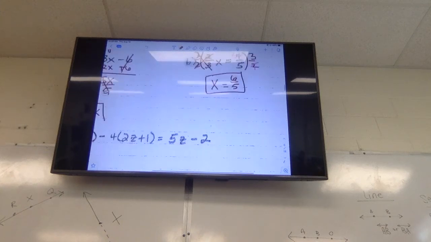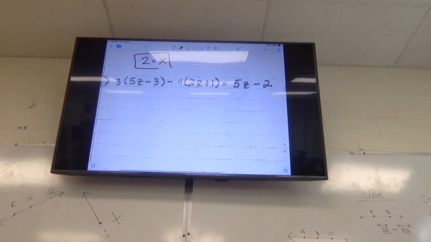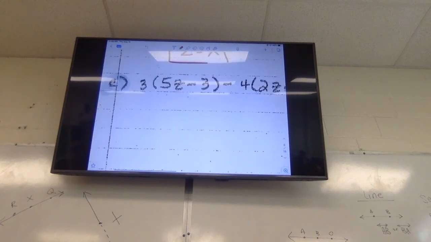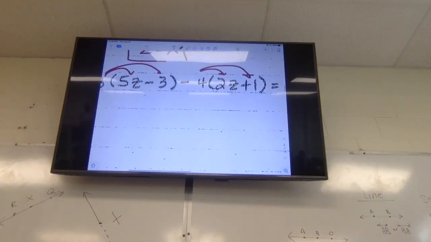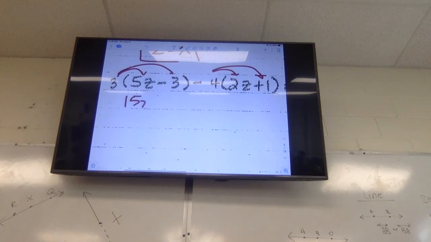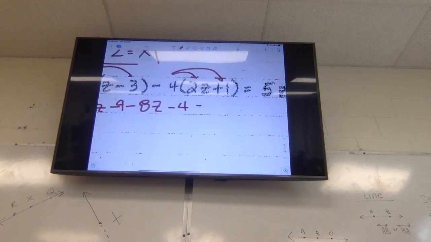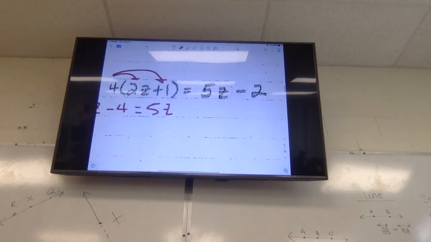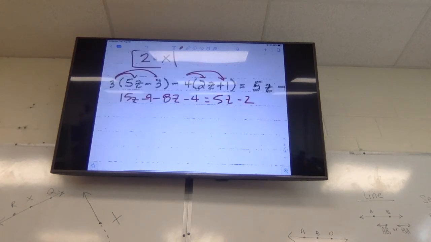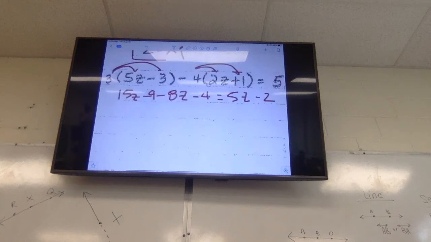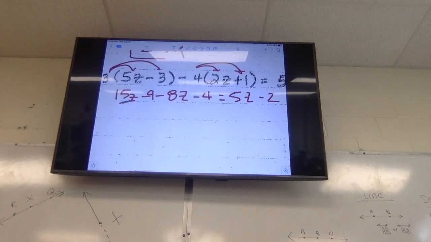All right, letter C. I've got this big giant thing. Make sure we distribute. 15z minus 9. And then minus 8z minus 4 equals 5z minus 2. I like to combine all my terms before I do anything else. So I'm going to do my 15z minus 8z is 7z.